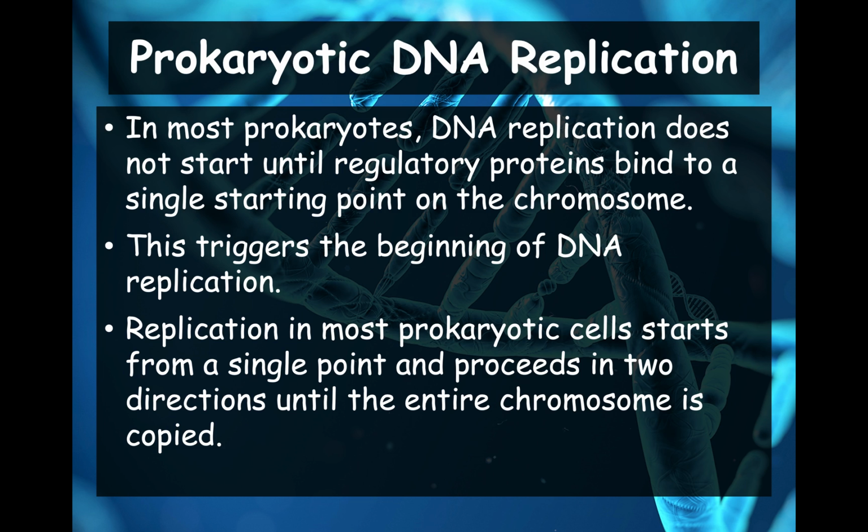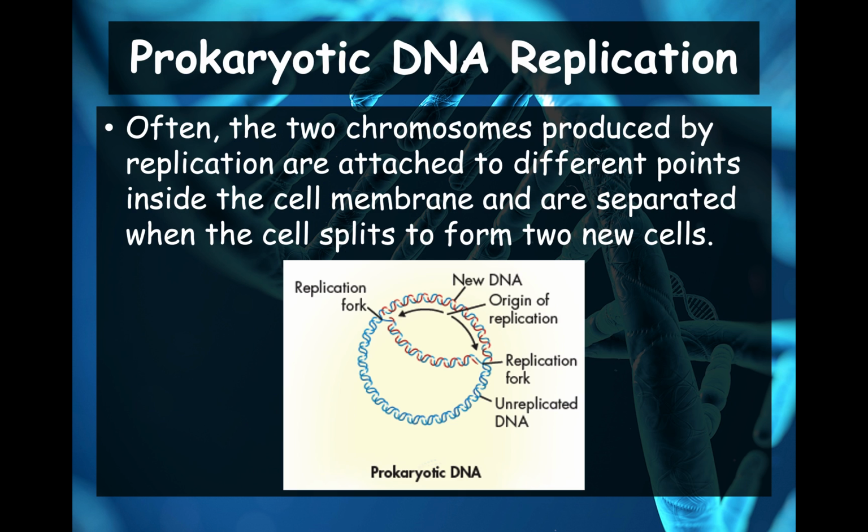Replication in most prokaryotic cells starts from a single point and proceeds in two directions until the entire chromosome is copied, until we have two identical circles of DNA. So this is an example of prokaryotic DNA. Often the two chromosomes produced by replication are attached to different points inside the cell membrane and are separated when the cell splits to form two new cells.